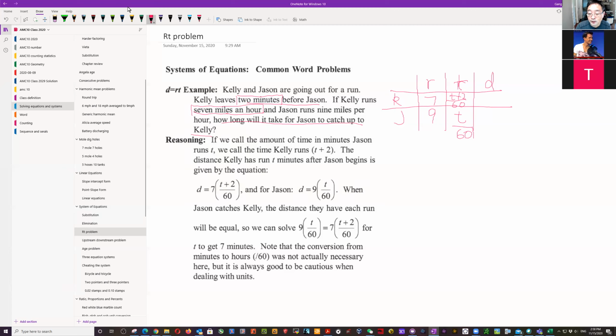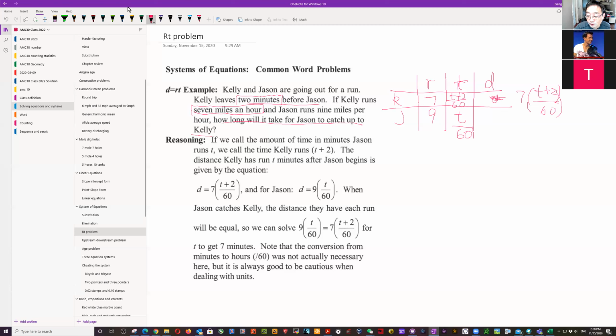Then their distances will be the same. Because their distance is the same, I wouldn't really put a D here. You can just multiply: 7 times (t plus 2) over 60.